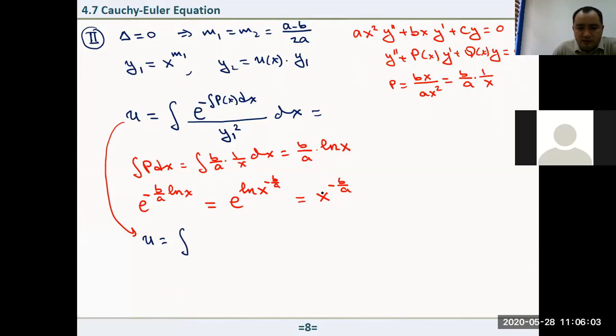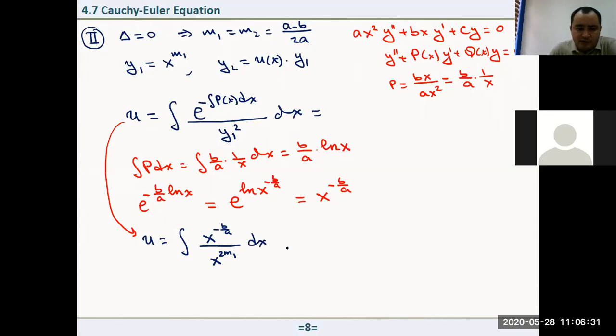So if I continue, this u is equal to the integral of, instead of this thing, x to the power minus b over a, over y sub 1 squared. y sub 1 is x to the power m sub 1, and since m sub 1 equals m sub 2, it's just m. So y sub 1 squared is x to the power 2m sub 1, and here we have dx.